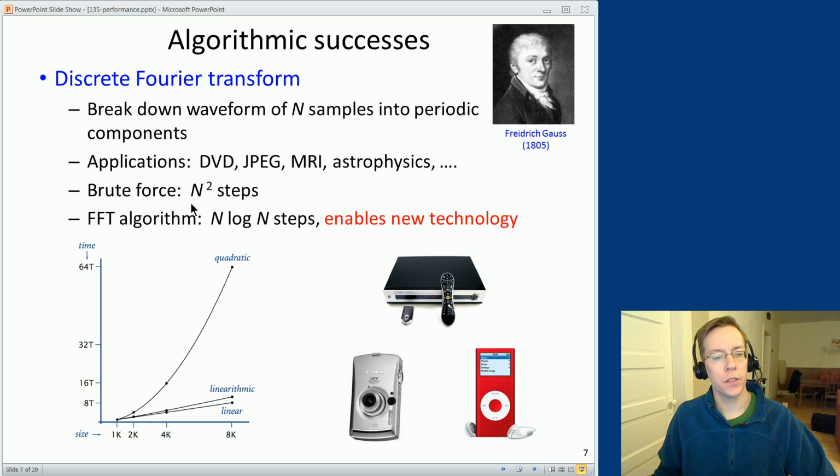It's gone down from n squared to n log n, and this has enabled all kinds of modern things you take for granted, like DVD players and iPods and so on. It might not seem like much, but going down to n log n enables things to be done that would not have been possible if we only had an n squared algorithm.